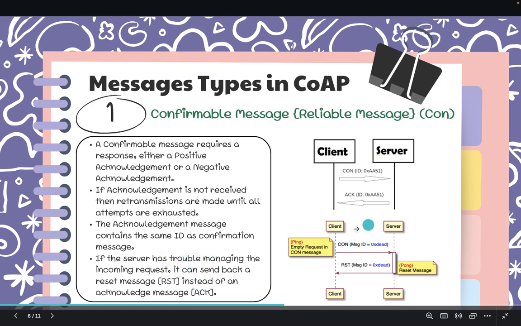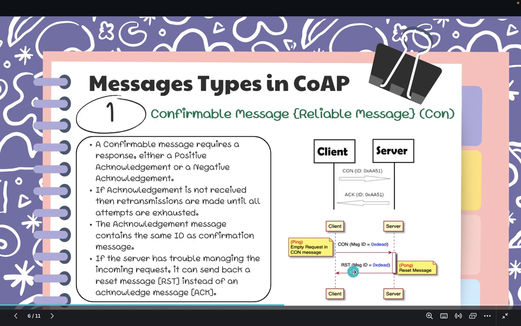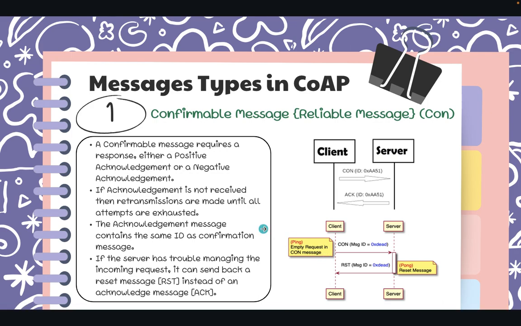For example, in this lower figure, first the client sends a CON message, that is a confirmable message, to the server, called ping. When this reaches the server, if some trouble takes place at the server, it will pong the message, that is, an RST message will be sent back to the client. So this is the first type of message in CoAP, the confirmable message.